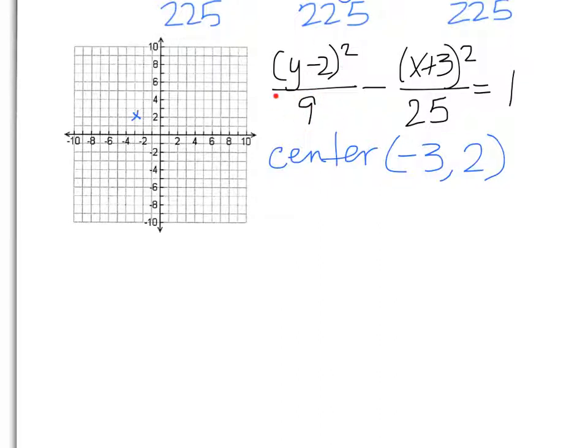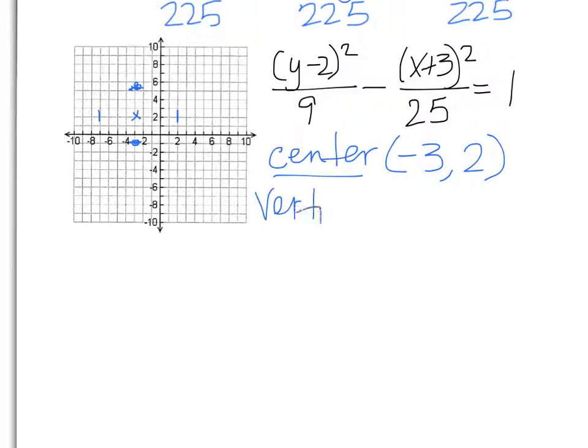But here will be the vertices. So from my center, 3 units up and down, 1, 2, 3, make a mark. That's a vertex. 1, 2, 3, that's a vertex. 5 units to the right, 5 units to the left. That'll create the box. But y's first, so the y marks are the vertices.